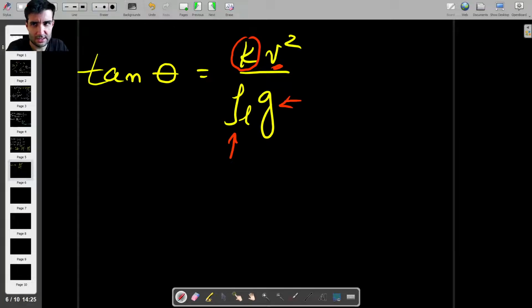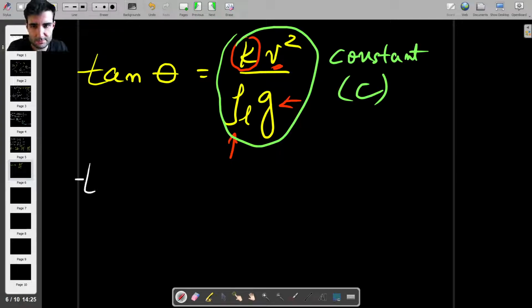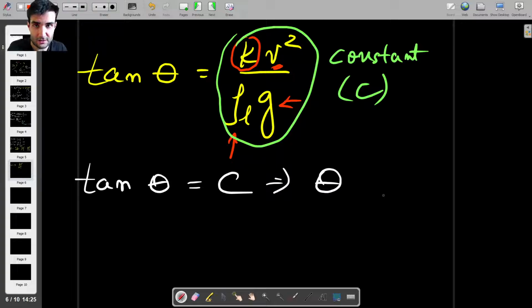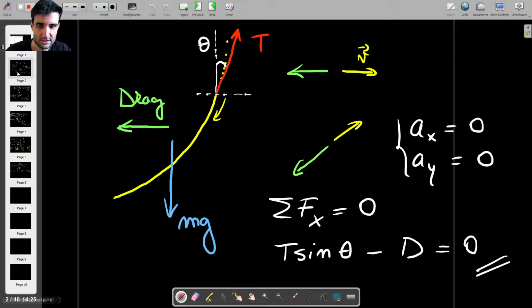So this tells us that the right-hand side of the equation is constant, so I'm going to call it C maybe. This implies that tan theta is equal to a constant, which means that the angle theta is constant. So no matter where you are along the cable, this angle theta doesn't actually change.